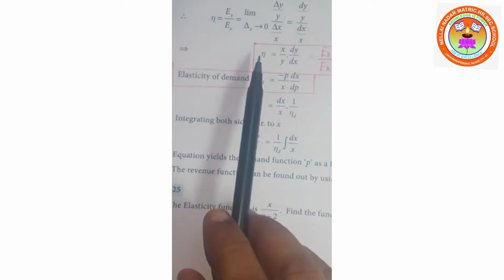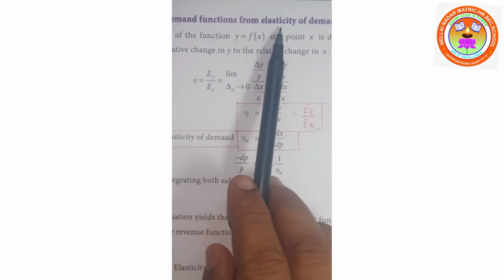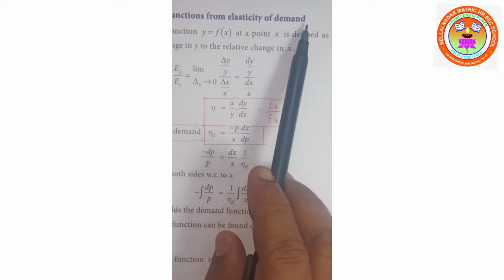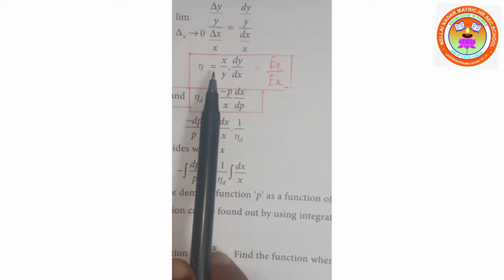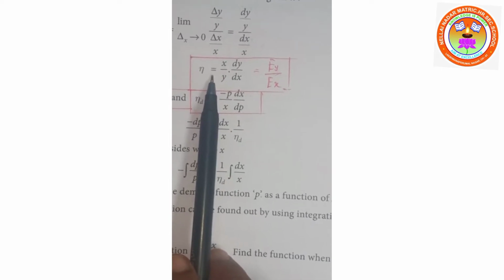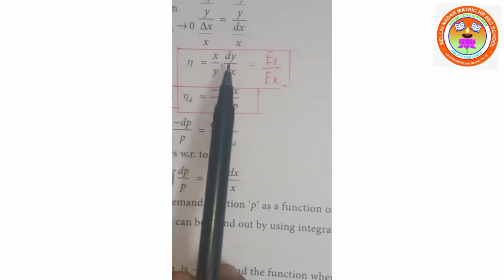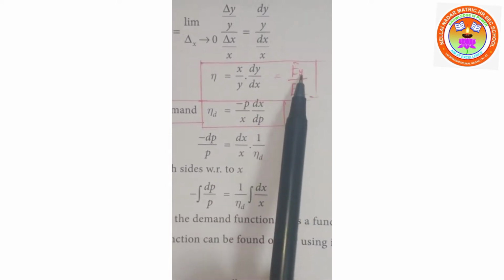Next, the demand functions from elasticity of demand. Particularly that eta, what symbol is it? Eta is the elasticity function. That is equal to the formula x by y into dy by dx. Even we can write Ey by Ex, with y and x in suffix.